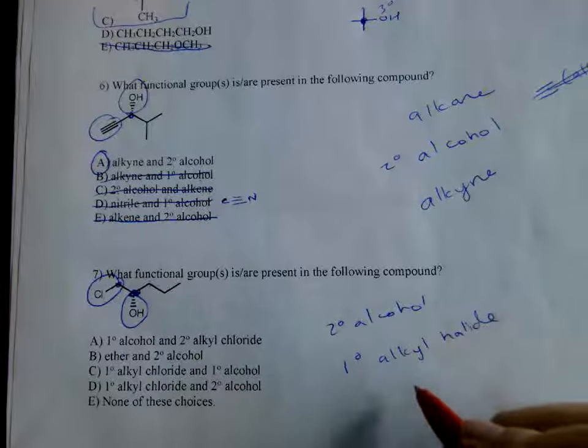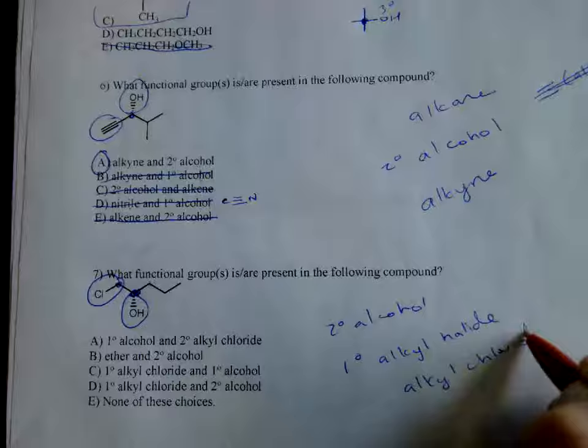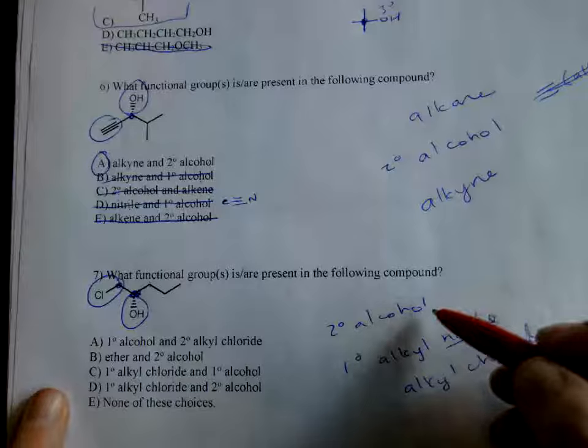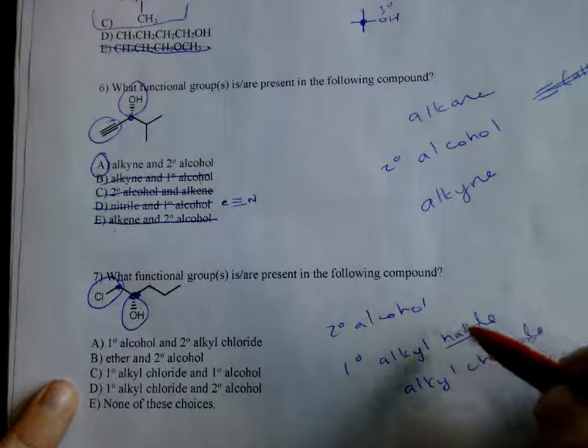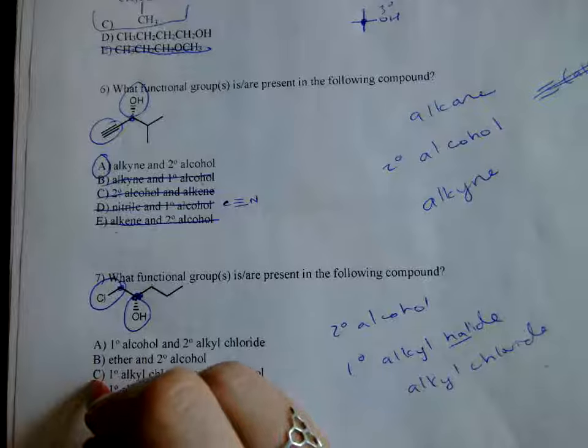If you want to specify, it's an alkyl chloride because it's chlorine. So if it says halide, you can just replace it with alkyl fluoride, alkyl iodide, alkyl bromide, alkyl chloride. So we're looking for a primary alkyl halide and a secondary alcohol. So that should be answer choice D, I believe.